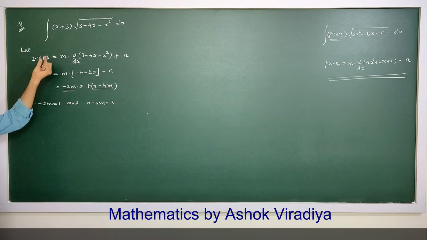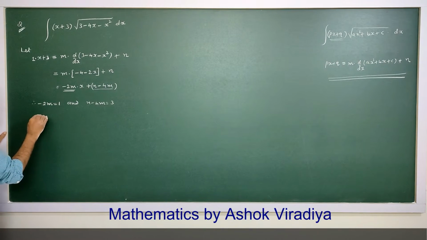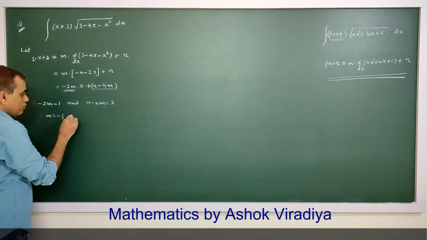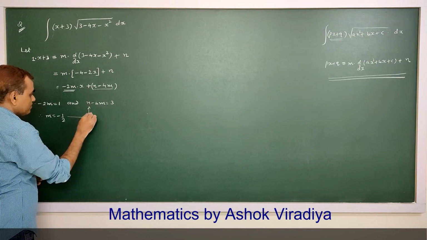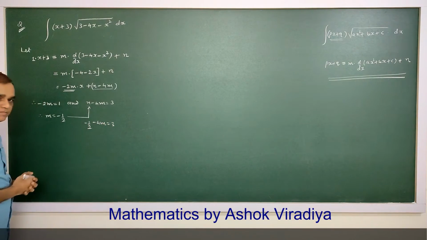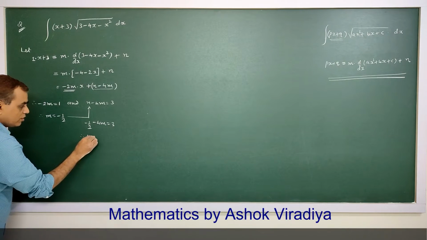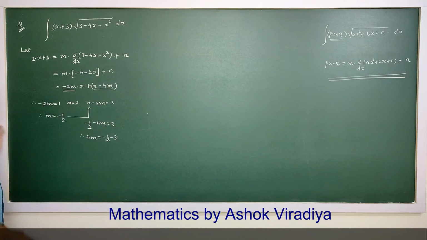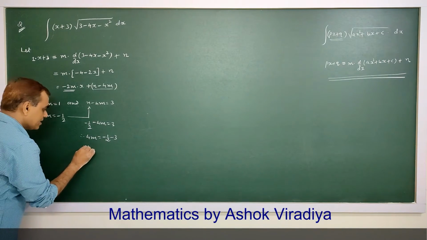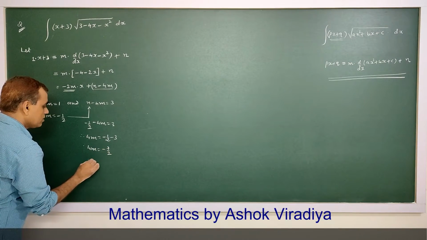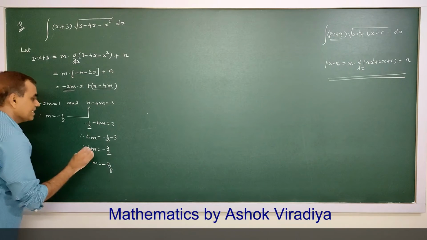Constant equal to constant, coefficient of x equal to coefficient of x. So m is equal to minus 1 by 2.